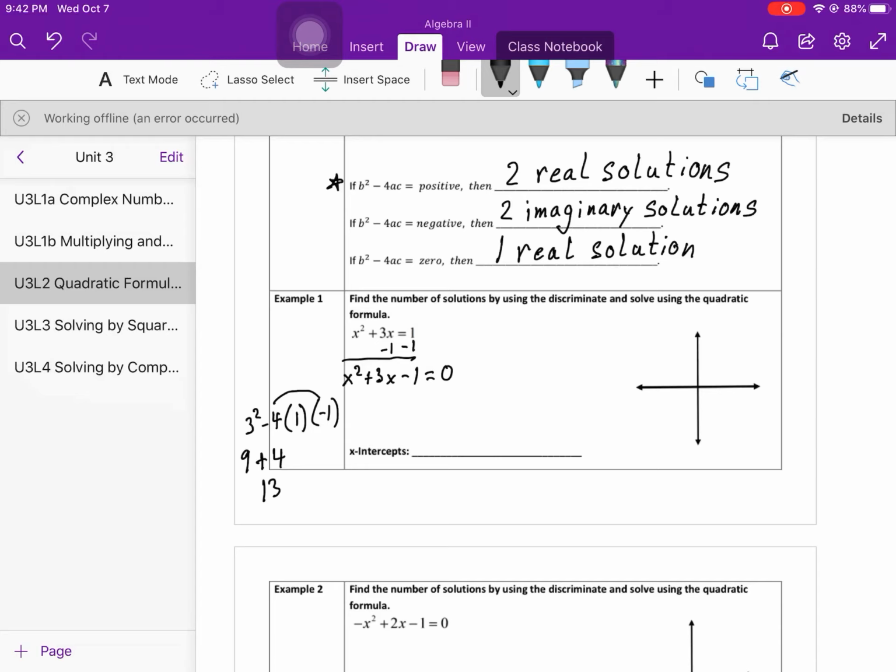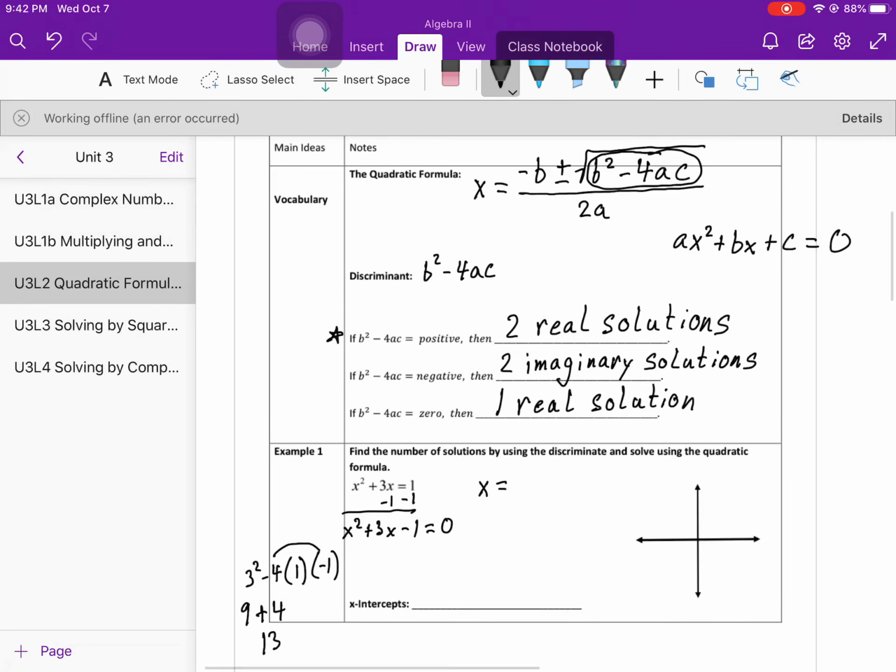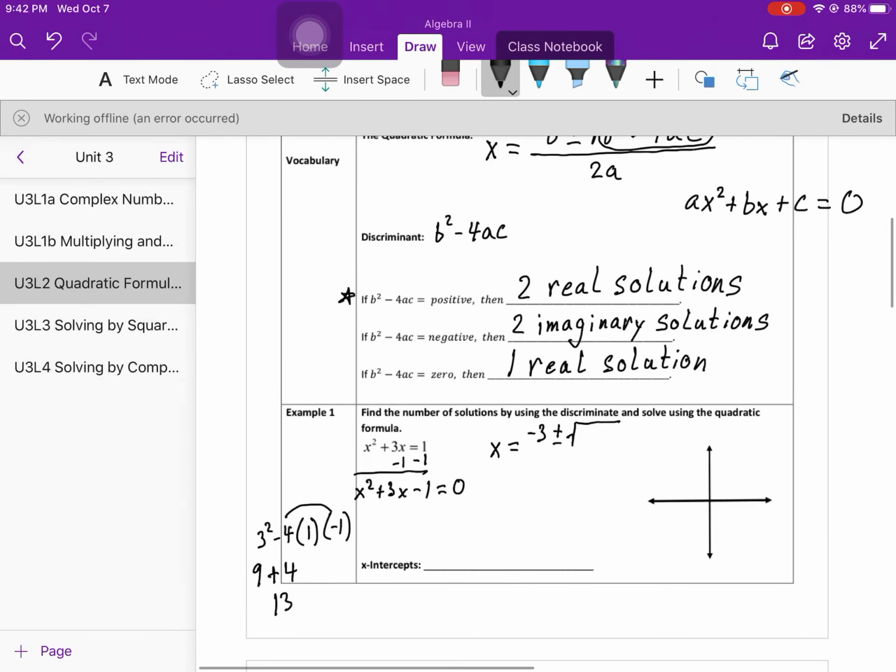So to solve, we get x equals, and then negative b, so I'm going to plug this into the formula. If you've got to go back up there to look at it. So negative b would be minus 3 plus or minus the square root. And we already did the b squared minus 4ac part.